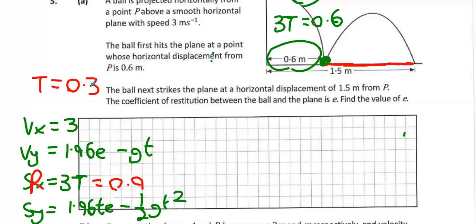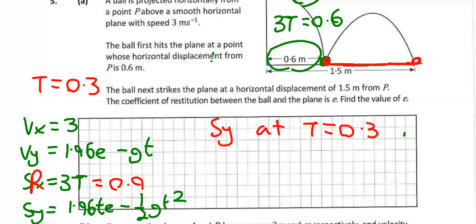And then, so we use that part. Now we have to find the value of E. Okay. What do we know about Sy at t equals 0.3? It starts at 0 and then it goes back to 0 again.